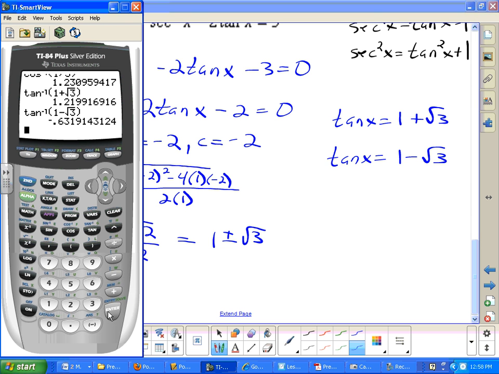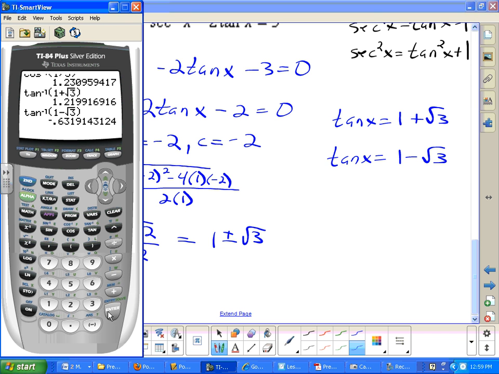Okay. So we have to think about this for a second. 1 plus the square root of 3, is that a positive or a negative? That's a positive number, right? Since that's a positive number, when is tangent positive?